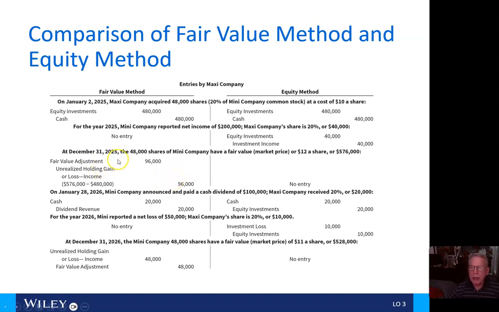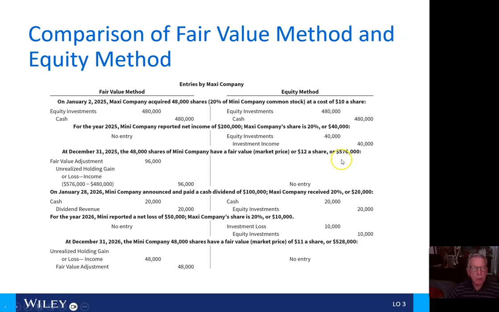Now at the end of the year, December 31, 2025, the 48,000 shares of Mini Company have a fair value at market price of $12 a share, or $576,000.